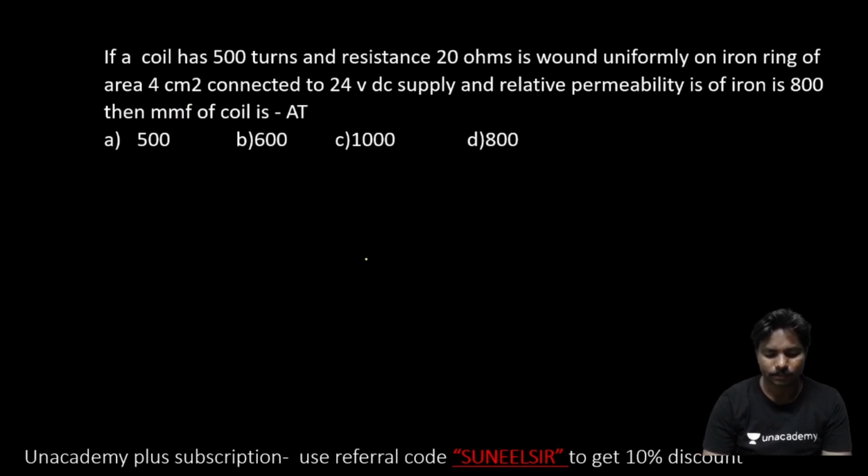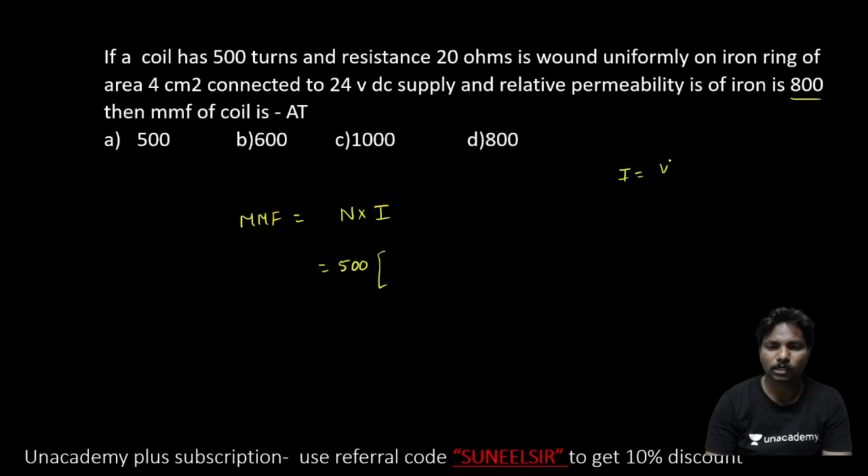A coil has 500 turns and resistance of 20 ohms, and is wound uniformly on an iron ring of area 4 centimeters square, connected to a 24 volts AC supply, and relative permeability is 800. Then the MMF of the coil is dash. In the previous session also, I gave that MMF of the coil is number of turns into current. They have given the turns, that is 500, but not the current.